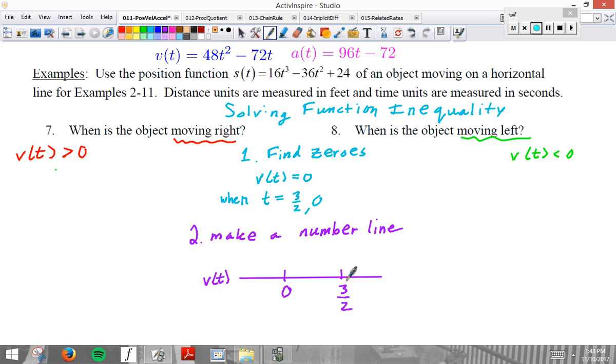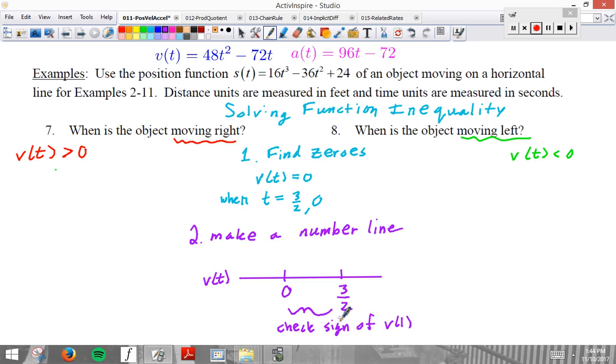And then we're going to test the sign on that number line by plugging in test values into the velocity function. So for instance, between 0 and 3 halves, we're going to check the sign of v of 1.